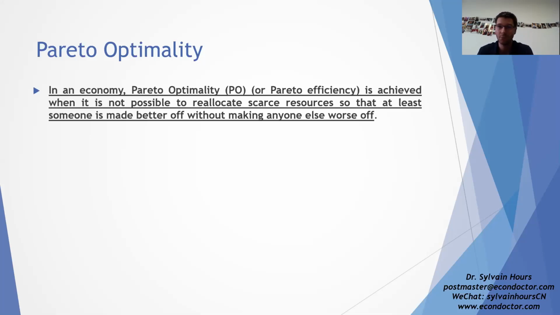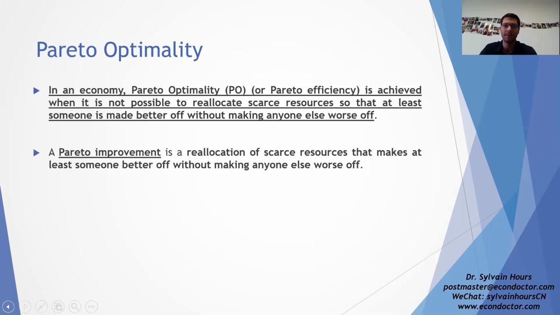That's a quite simple definition to understand, and your students need to know it. It's tested, especially in MCQs. There are MCQs where they need to know the definition of Pareto optimality.